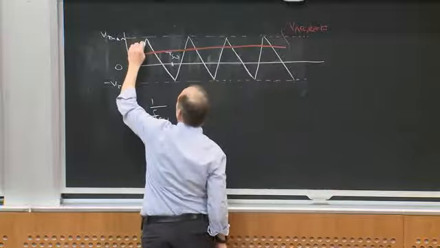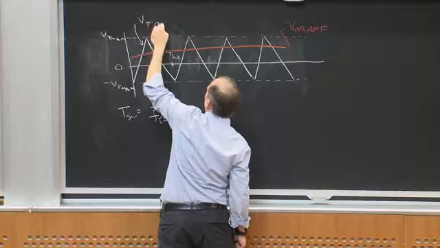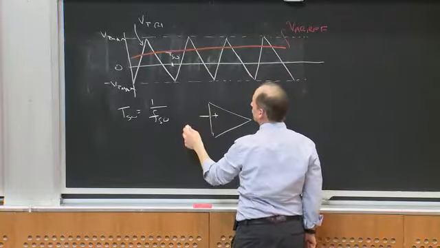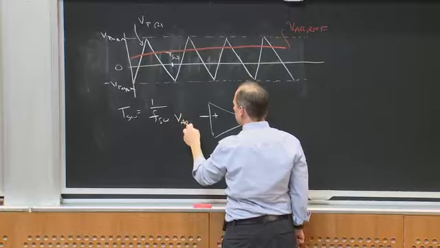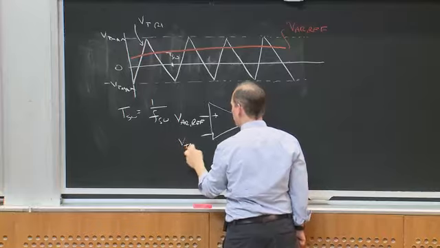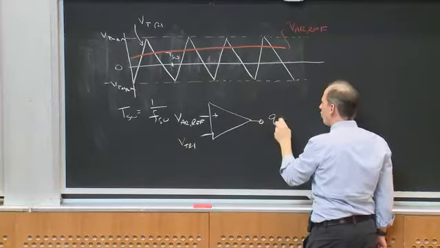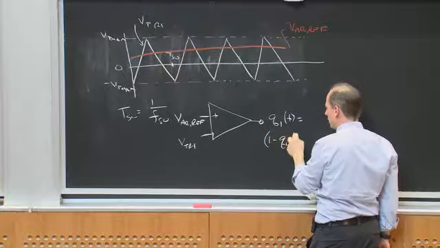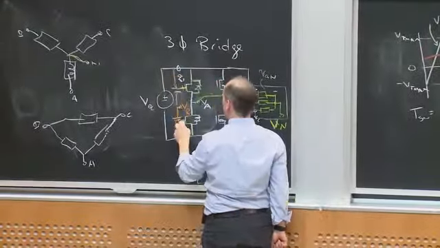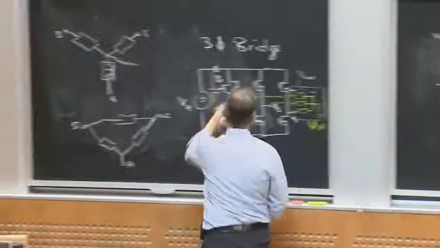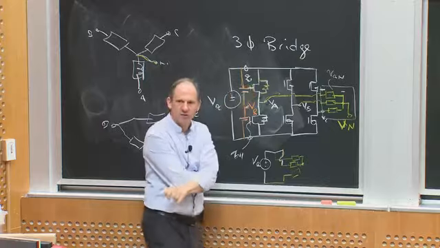If I called this V triangle, I could then create a comparator and say, okay, into this terminal I'm going to put VAR ref. Into this terminal I'm going to put V triangle. And then out of this comes Q1 of t, which is equal to 1 minus Q4 of t. And this is Q1, so Q1 of t goes here, and Q4 goes here. Right? So whenever this switch is on, this switch is off, and vice versa.